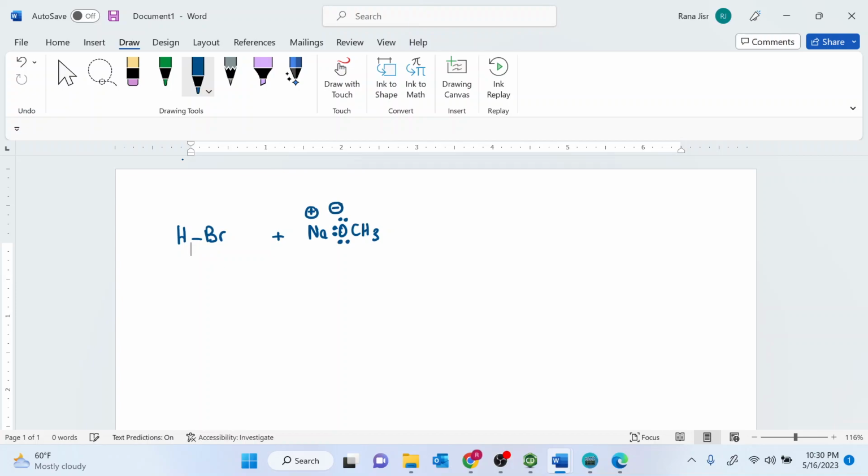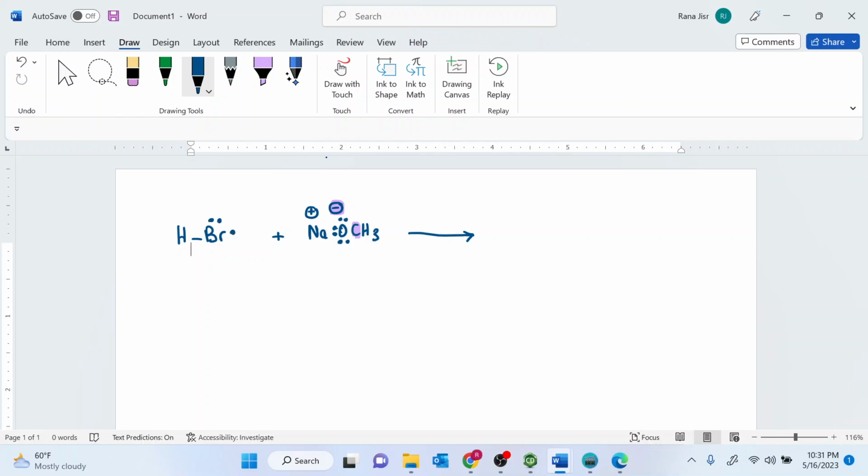I would show you the OCH3, and you should know that the oxygen, because it is making one bond with the carbon, needs to have a negative charge. The type of bond between the sodium and the oxygen is an ionic bond.